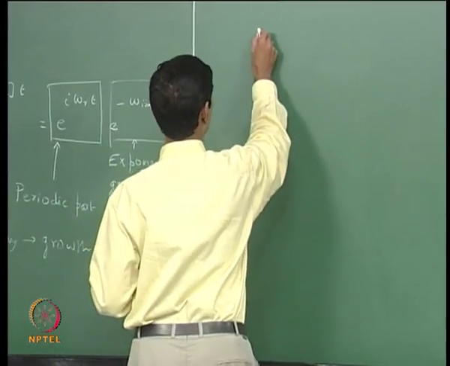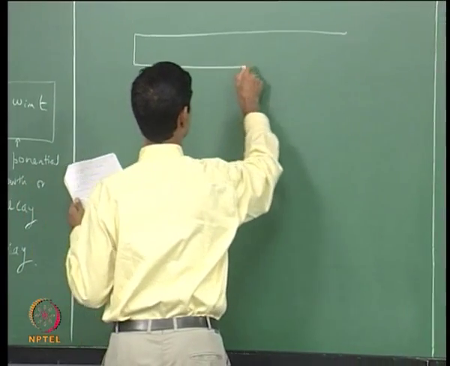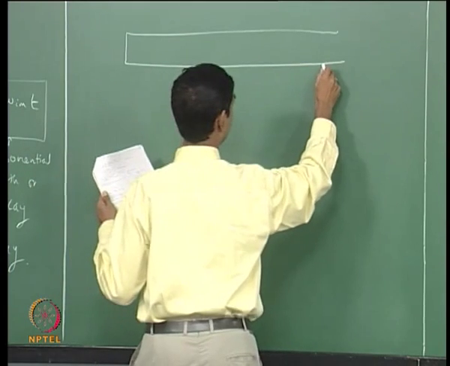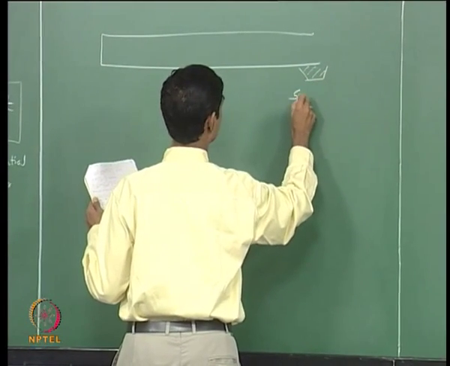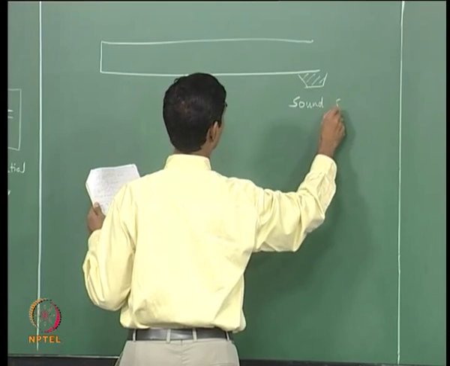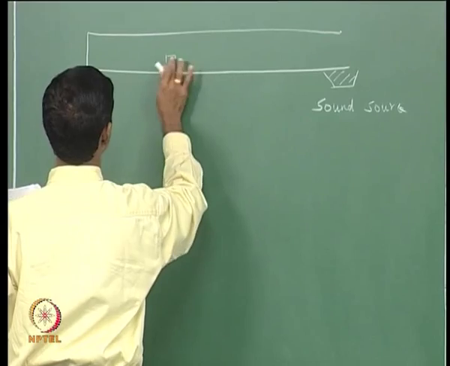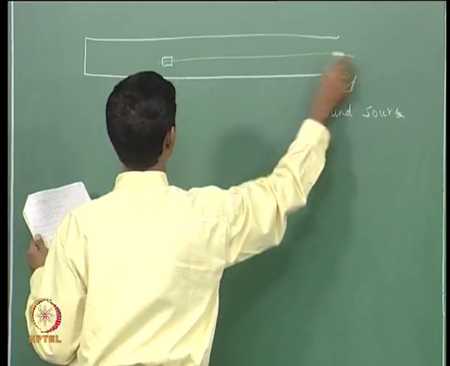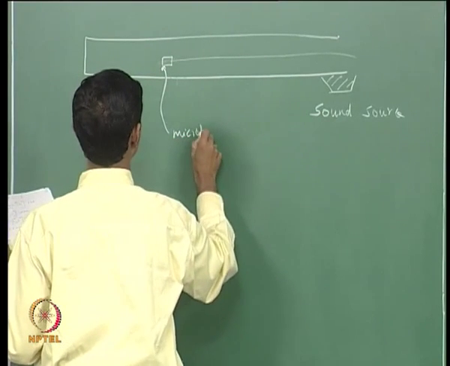So let me draw the picture once again. This tube is the impedance tube, and you have a sound source, and you have a microphone.